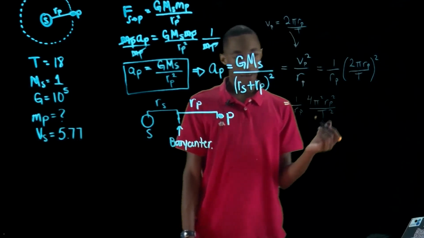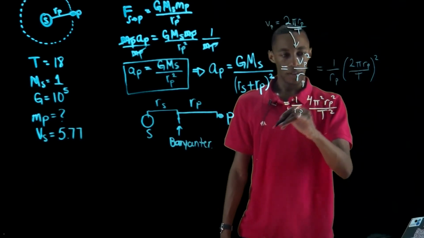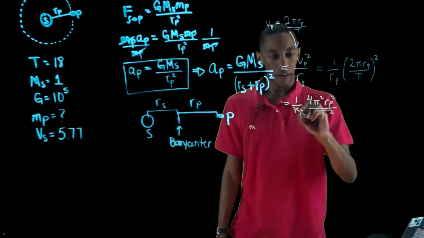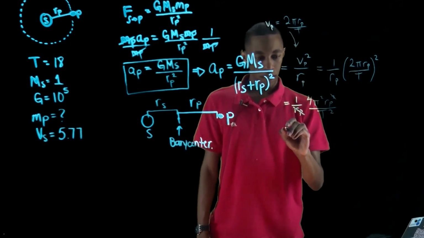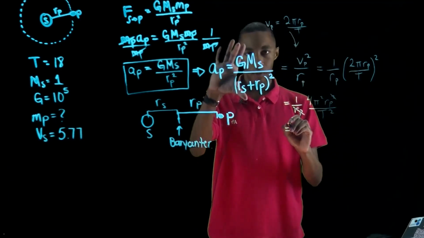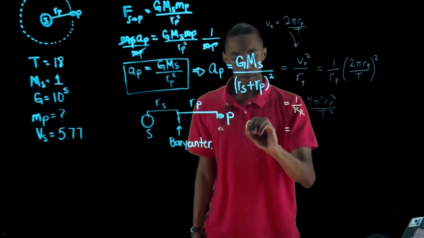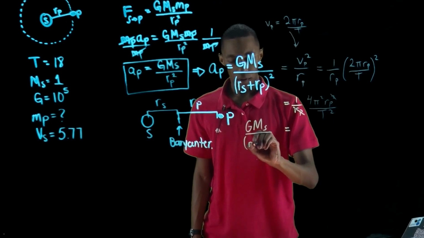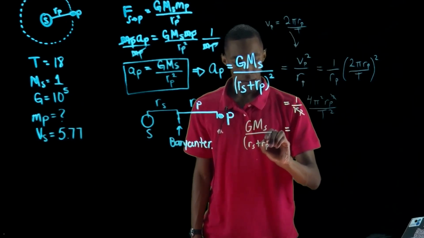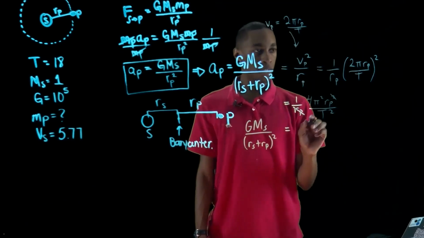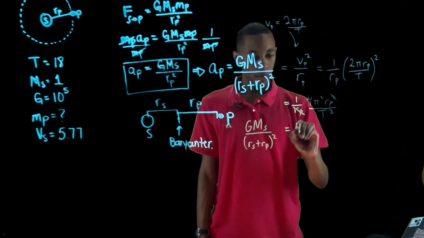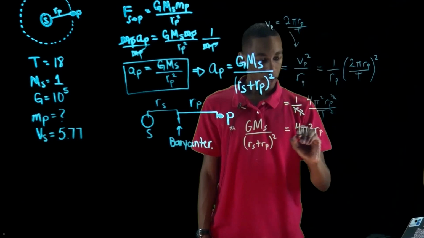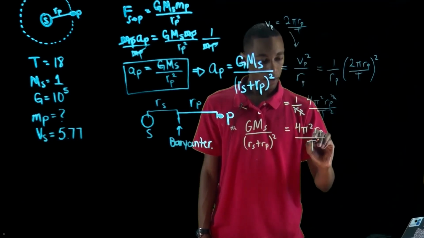And it shouldn't be a surprise to you that one of these Rp's will cancel. So we'll get rid of the 2 up here and get rid of the entire Rp from here and have that this quantity now, I'll rewrite it just for simplicity, GMS over (Rs plus Rp) squared, is equal to 4 pi squared Rp over the period squared.